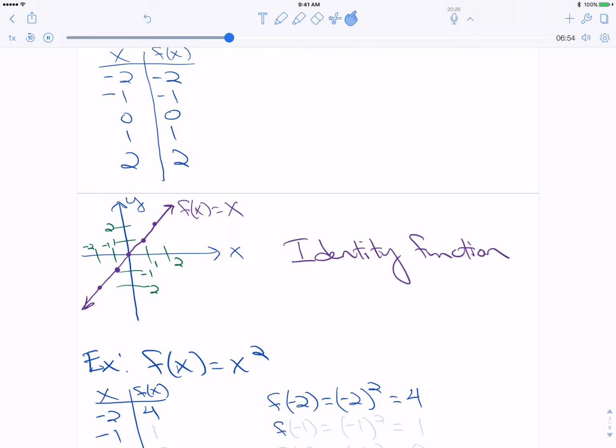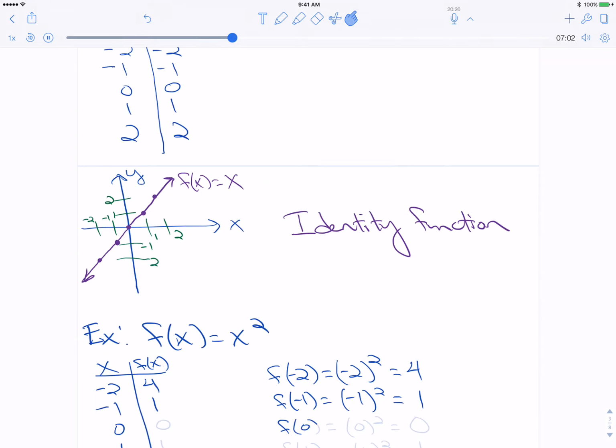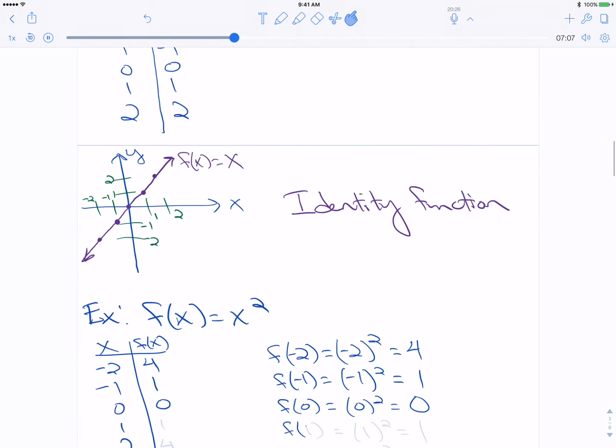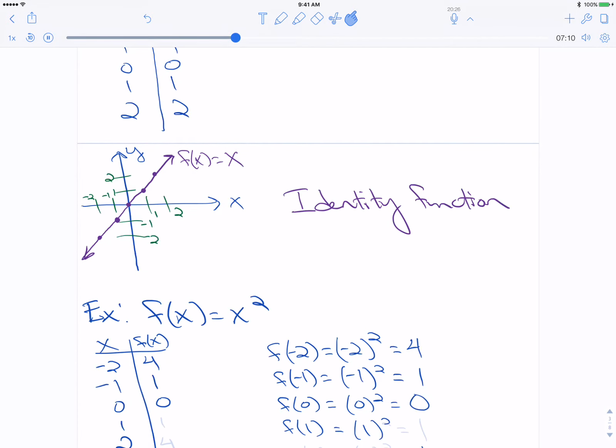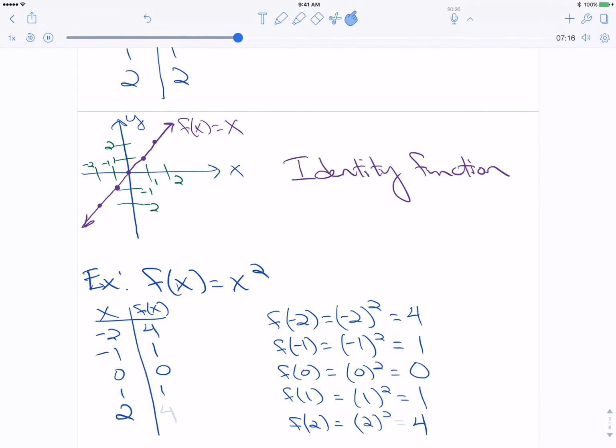F of -1, -1 squared, -1 times -1, gets me a positive 1. F of 0 is going to be 0 squared, which is still just 0. F of 1 is equal to 1 squared, 1. F of 2 is equal to 2 squared, 4.